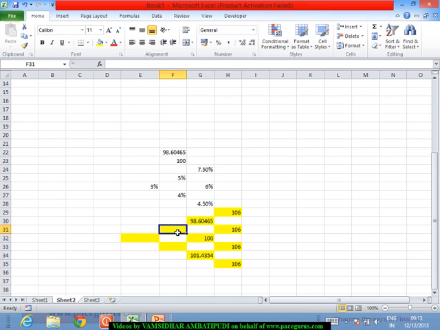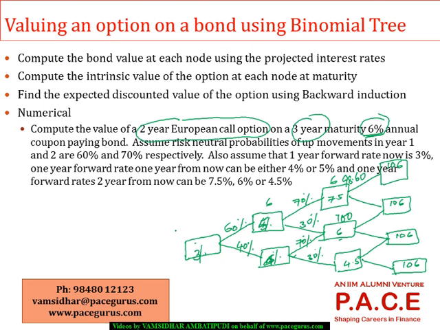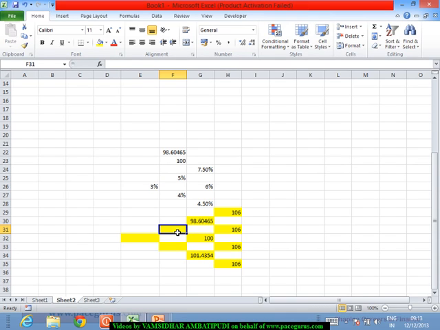When I am working at the year 1 node, I have to take into consideration that there is a 70% chance of going up and a 30% chance of going down.